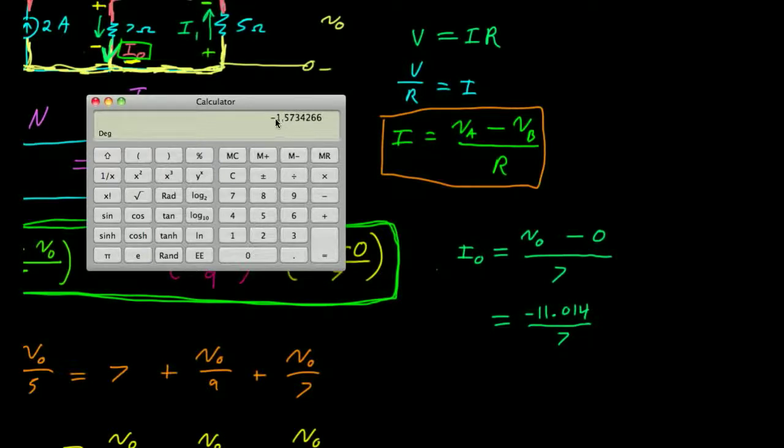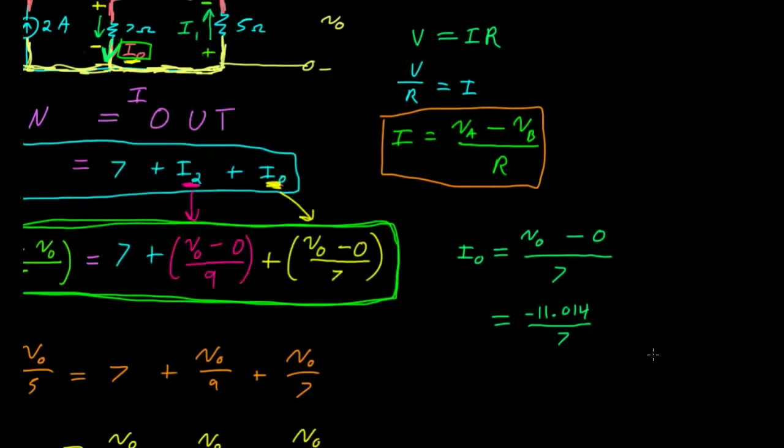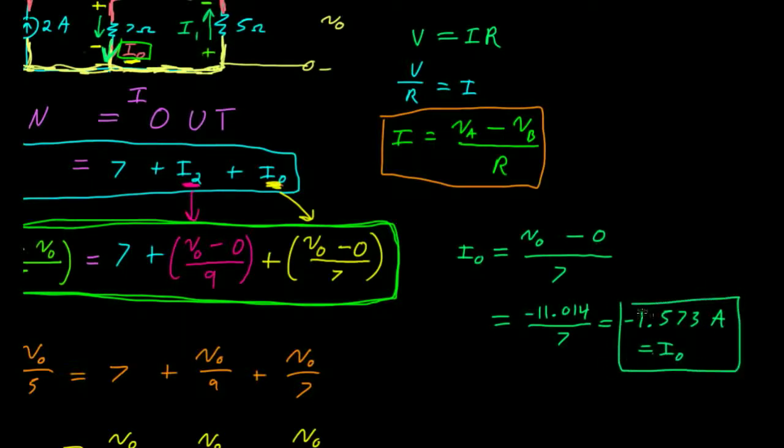And I get minus 1.573 amps. So I0 equals minus 1.573 amps. So pretty much that is my answer.